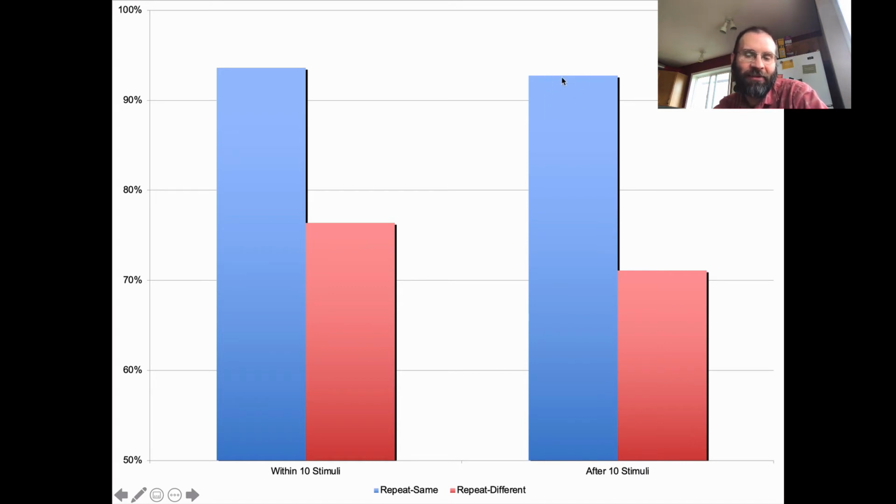We get almost the exact same level of accuracy after a 10 stimulus repetition for same voice repetitions, but the different voice repetitions start to drop off a little bit more, to more like 71% correct. So those different voice repetitions get harder to recognize more quickly over longer periods of time in the list.